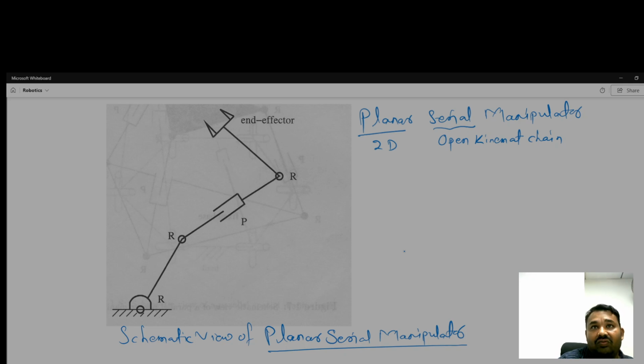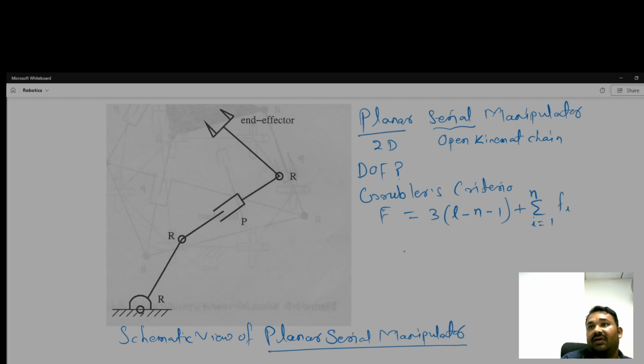Now we have to find the degrees of freedom, applying Grubler's criteria: F, the degrees of freedom, is equal to 3(L - n - 1) plus summation of f_i from i = 1 to n.